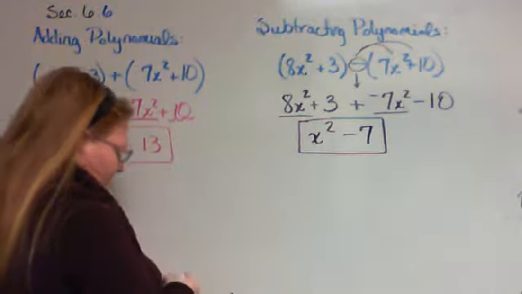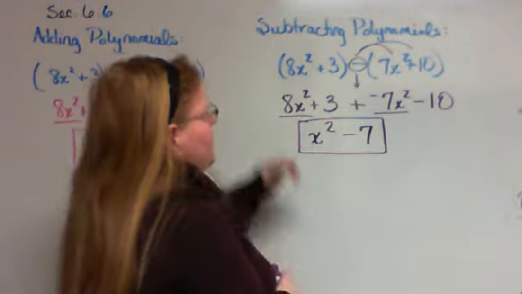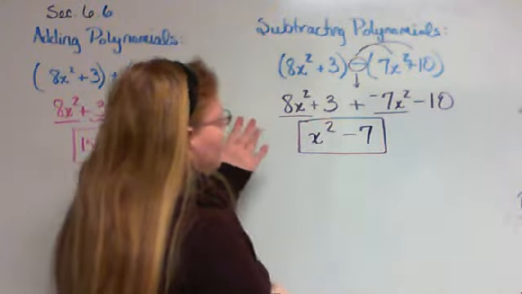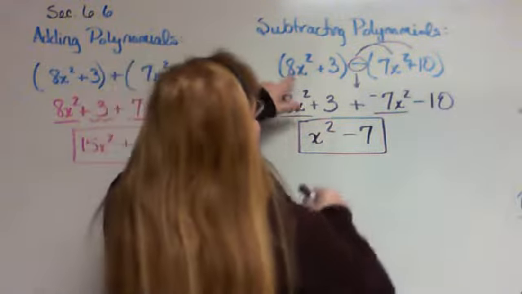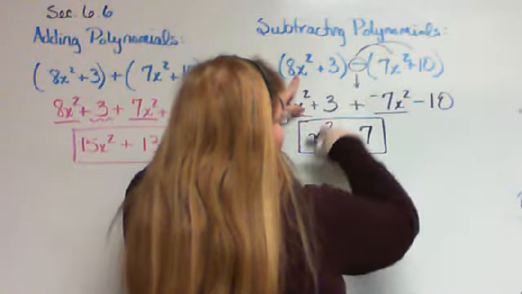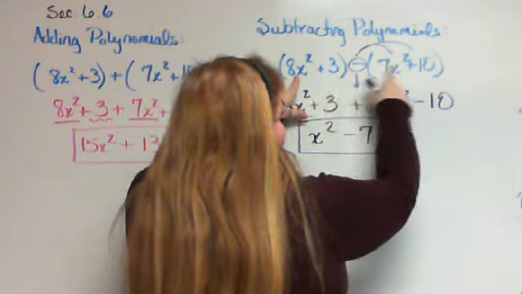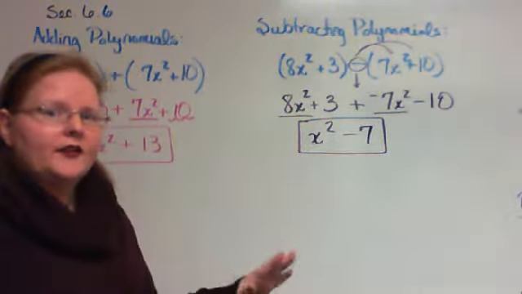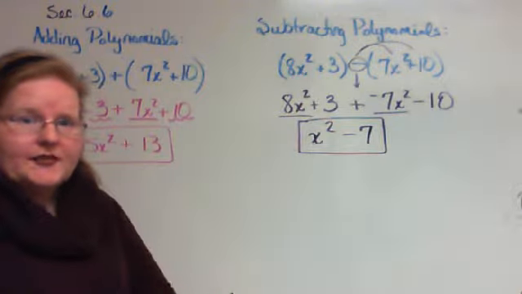Now, there are lots of people who sit here and say, oh, well, if I'd have just done it like the blue was before, everything would have been fine, because I'd have said 8 minus 7, because there's a minus there. 8 minus 7 is 1. And then 3 minus 10 is negative 7. And inevitably, they think they can get away with it every time. And sometimes they can.